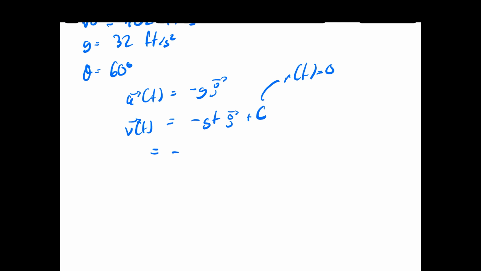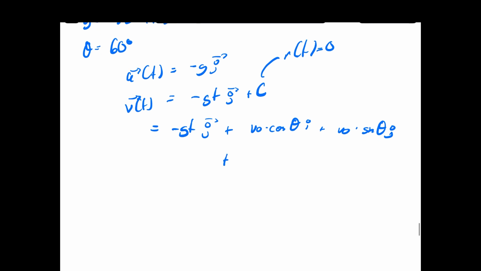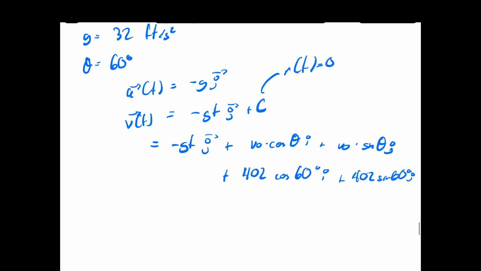But what you can do is you can sub in this, and I honestly would just memorize this. You're going to sub in v naught times cos theta i plus v naught times sine theta j. And so subbing those values in, we're going to get 402 cos 60 degrees i plus 402 sine 60 degrees j. Cool.